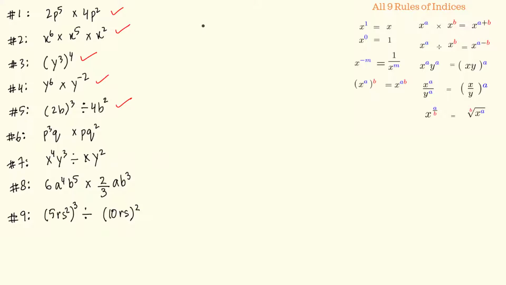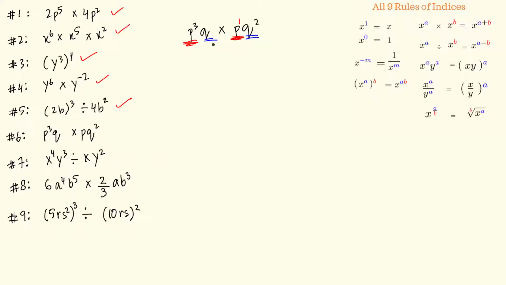Let's look at question number 6. Over here I have p cube times q times p q square. So to evaluate this, I'm going to multiply my terms of p and I'm going to multiply my terms of q. When I multiply terms of p, these two terms have the same base, so I can add their powers. This p has no power on top of it, means it has the power of 1.